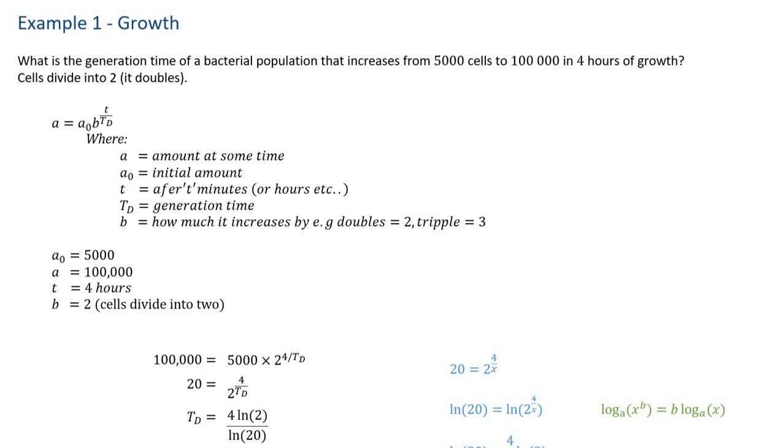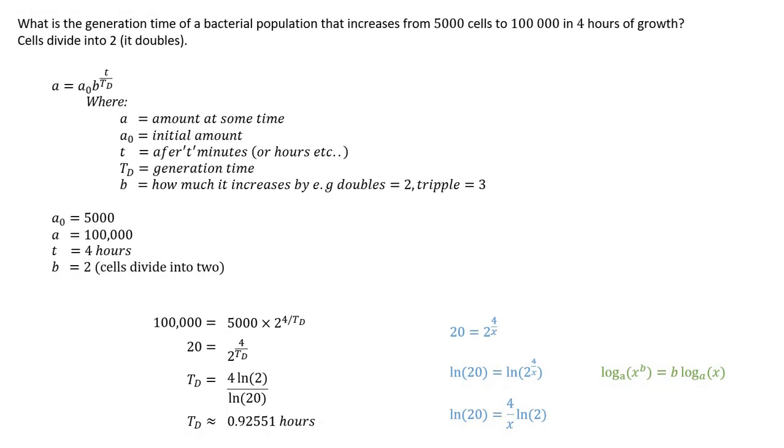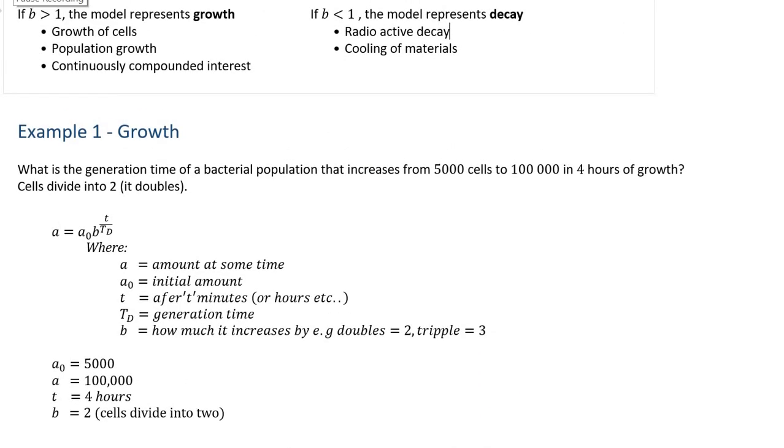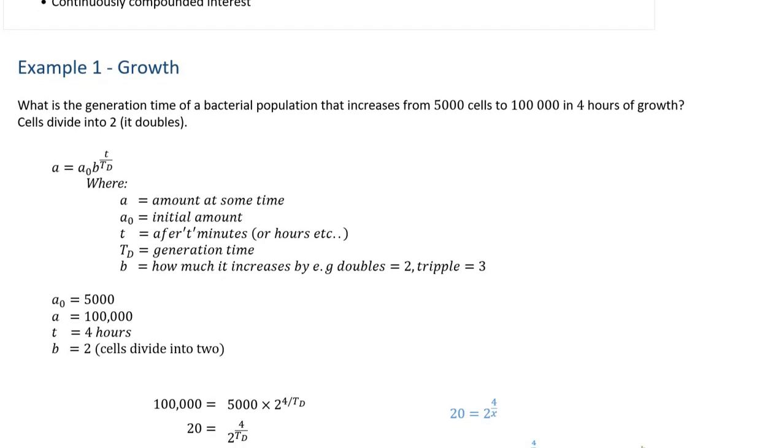Because in biology, cells divide into 2s, they divide into 4, and so on and so on. So we can rewrite the formula. It would be nice if you could remember this, but you'll be able to work it out. The amount at some time in the future, and we're given that, is 100,000.